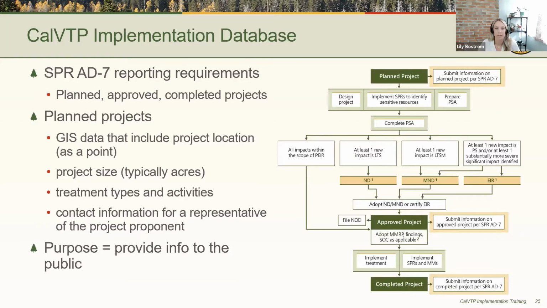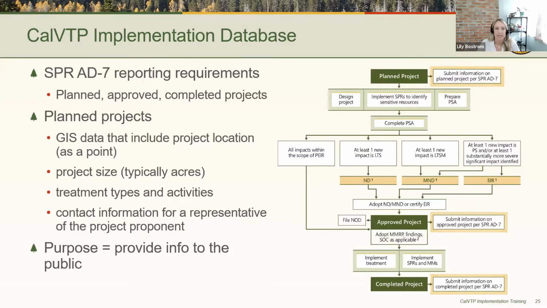So among the very first steps in preparing a project-specific analysis, or PSA, is providing information as early as possible in the project planning stage to the CalVTP implementation database per SPR AD7. The type of information you need to submit at this stage is listed on this slide.